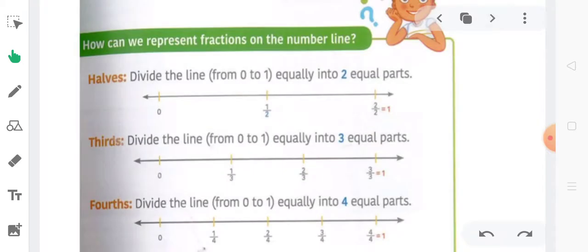Okay. How can we represent fractions on the number line? Let's see here. Divide the line from 0 to 1. We have the benchmark. But first, we must prepare 0 and 1 and convert them into fractions. How can we do this? I need 2 equal parts, meaning half. Okay? So, I make 0, 0 over 2. Okay?